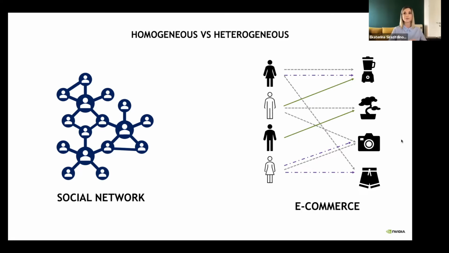We can have users, we can have goods, and there are different ways of interaction between these entities. So users can either view products on the website, they can buy them, they can add them to a wish list. So all these relationships are, well, different, and they're heterogeneous relationships.